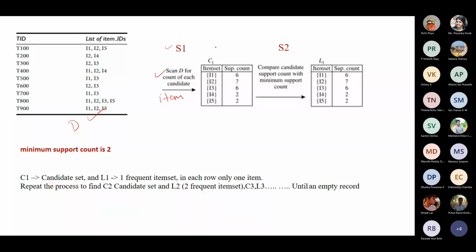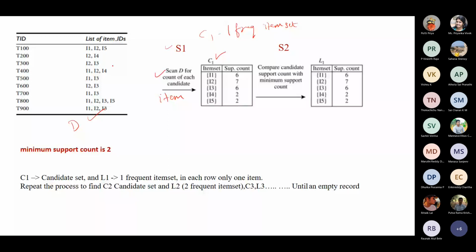So now you have to scan the database. First step is to generate C1. What is C1? Please remember, it is the one-item candidate set. How do you generate C1?